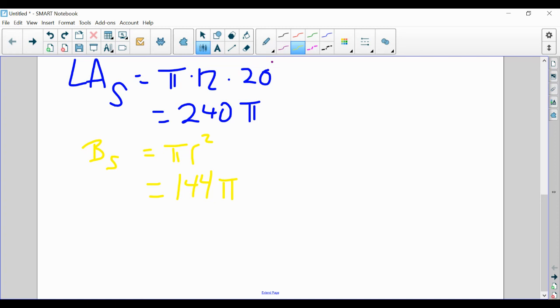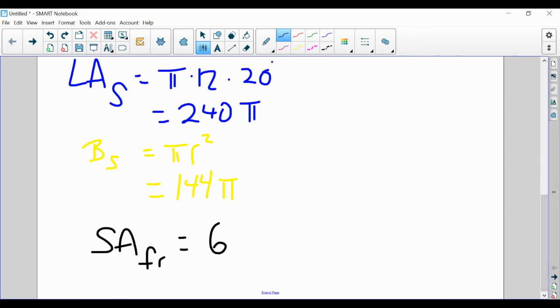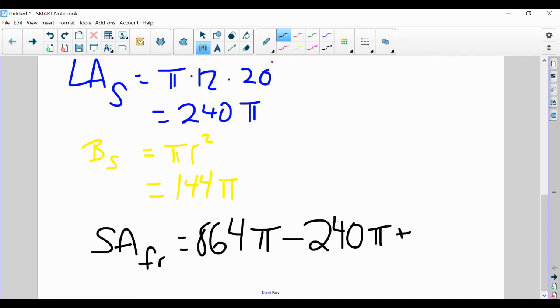Now I can plug everything in, and so my surface area of the frustum is going to be the surface area of the big cone, 864 pi, minus the lateral area of the small cone, 240 pi, plus the top base, the base of the small cone, plus 144 pi.